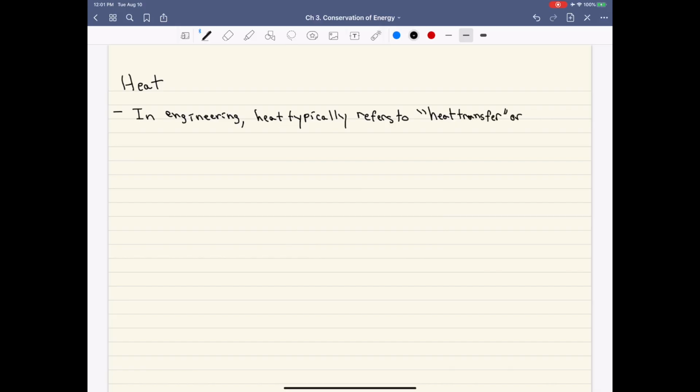And this heat transfer or heat flow, in contrast to work, describes energy interactions that are thermally driven. Or in other words, system and surroundings interactions and the energy transfer between the two, energy interactions due to a temperature difference.